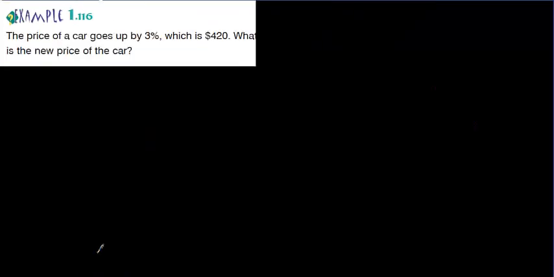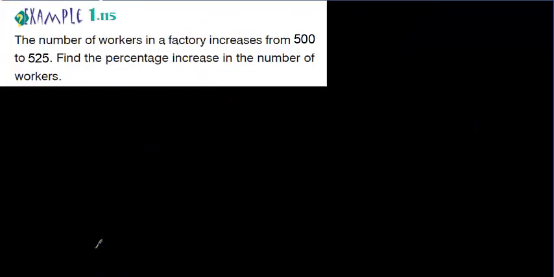Okay, next question. The number of workers in a factory increases from 500 to 525. Find the percentage of increase in the number of workers. So here, firstly, we should understand this one. At the end, we have 525 workers. At the beginning, we had 500 workers. So 25 workers were added at the end.